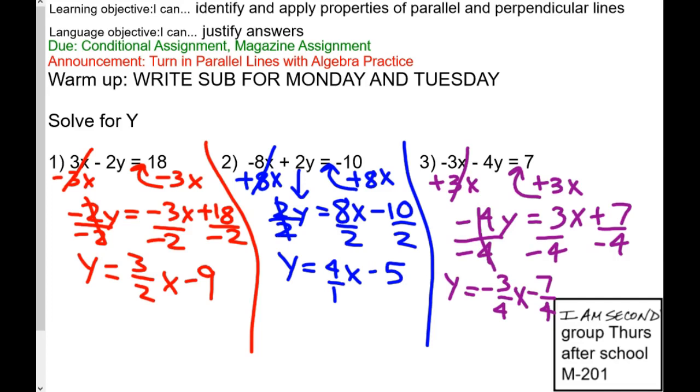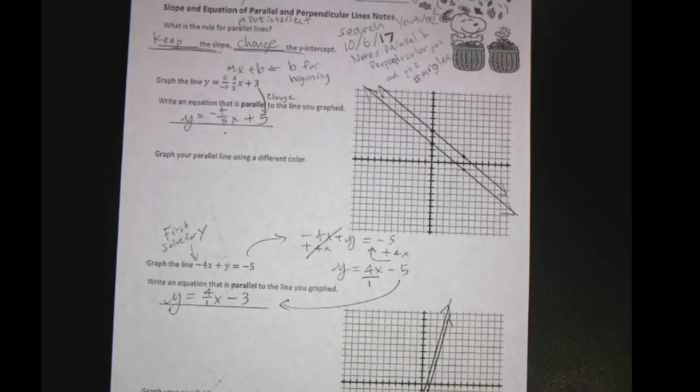So we're going to go over these notes. We're going to recap these notes.